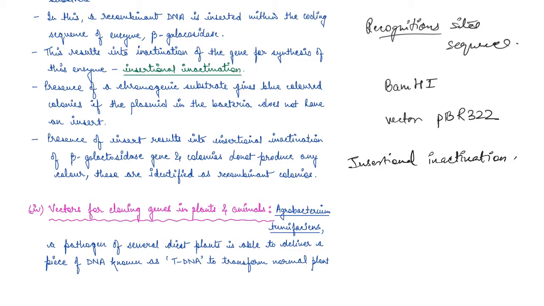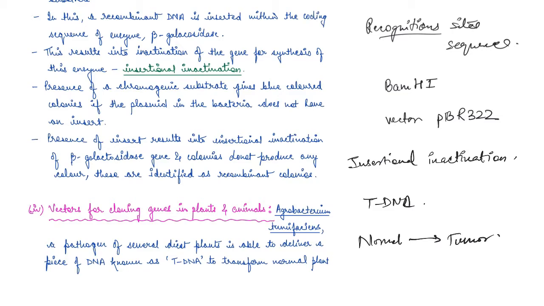This is a pathogen which causes problems in several dicot plants. This pathogen is able to deliver a piece of DNA which is known as T-DNA, and that transforms normal cells into tumor.